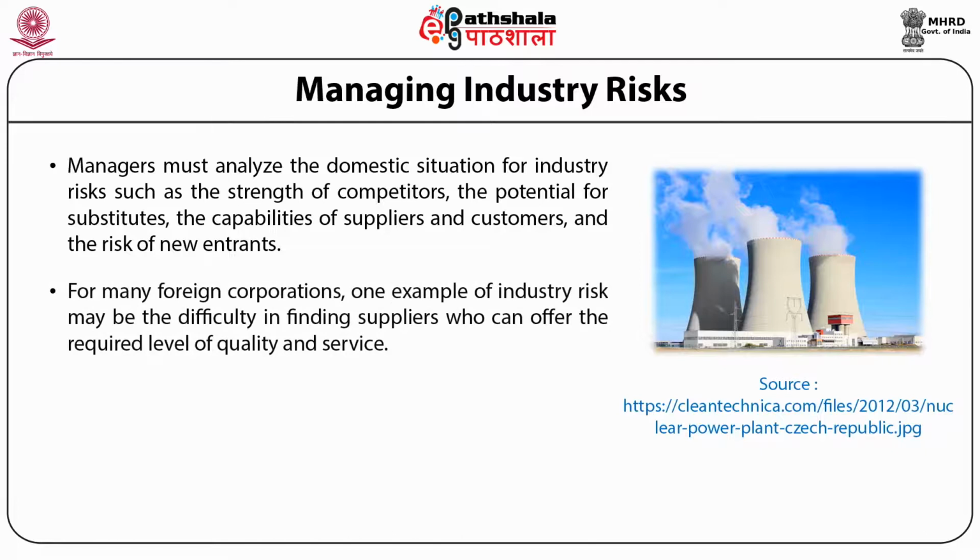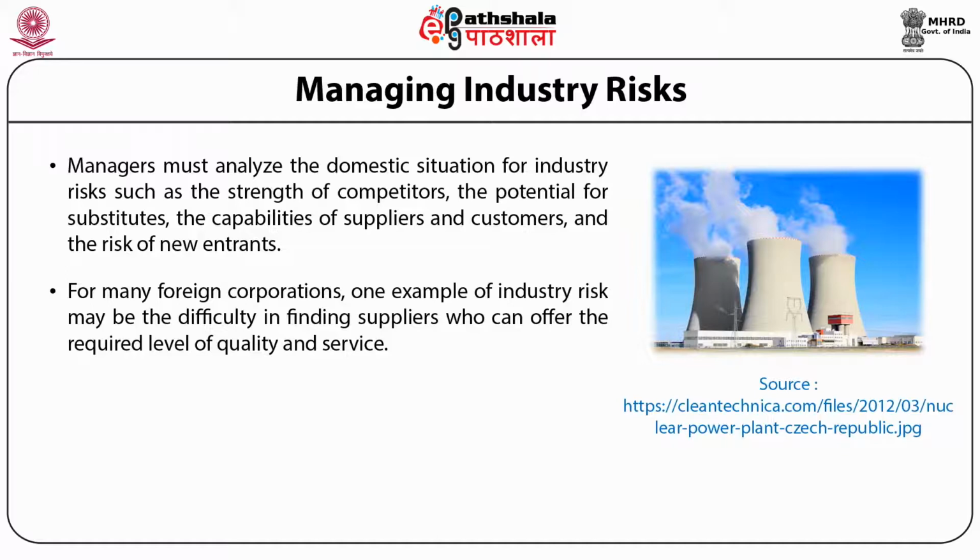For many foreign corporations, one example of industry risk may be the difficulty in finding suppliers who can offer the required level of quality and service. Public utility disruptions may also be risky, especially for firms dealing in perishable commodities.